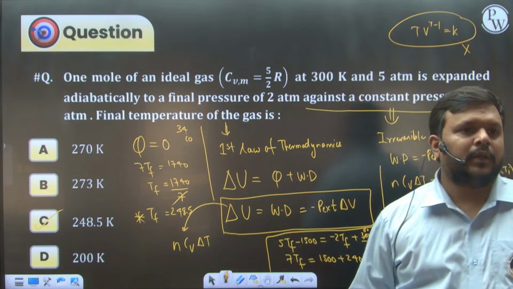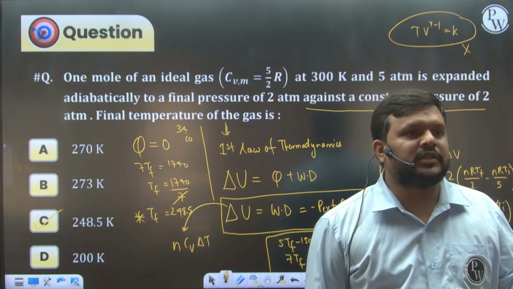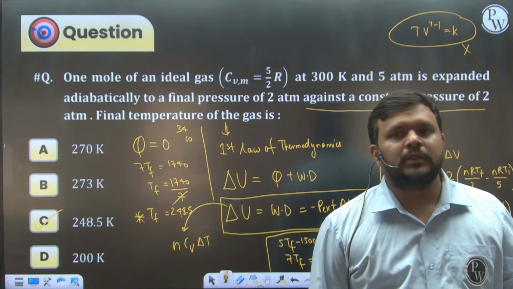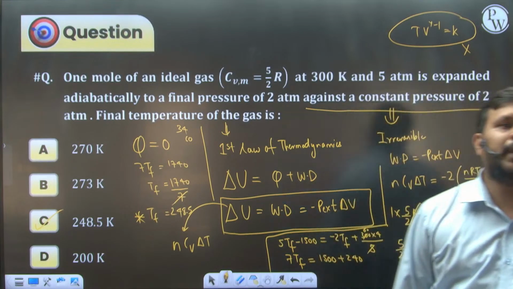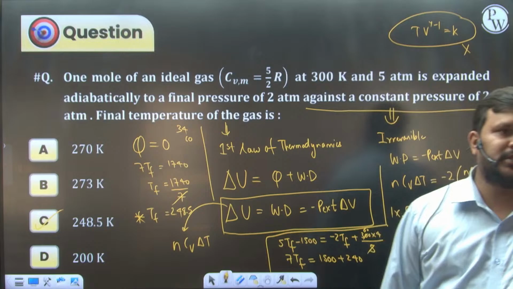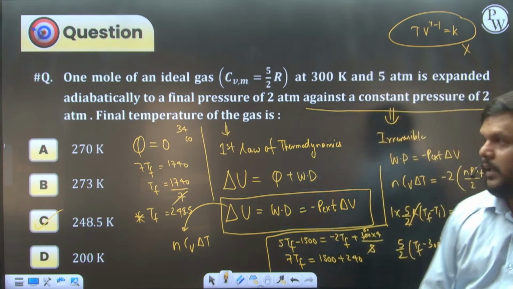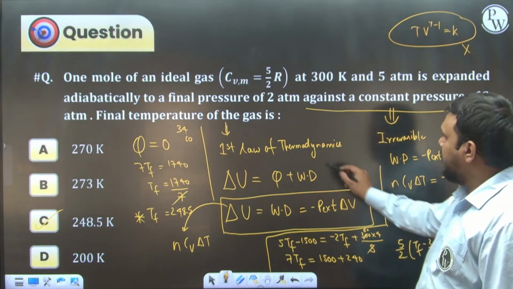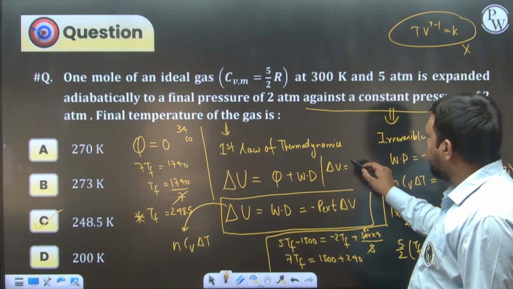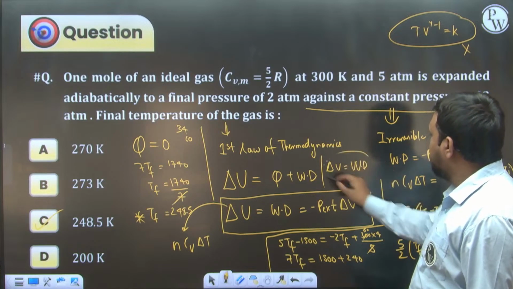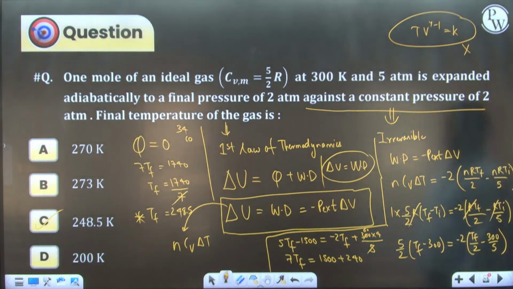Always remember, for the reversible adiabatic process we are having these three equations: PV power gamma is equal to constant, TV power gamma minus 1 is equal to constant, and P power 1 minus gamma, T power gamma is equal to constant. All are for reversible adiabatic process, not for irreversible. For irreversible, simply apply delta U is equal to work done. So this was a very important question.